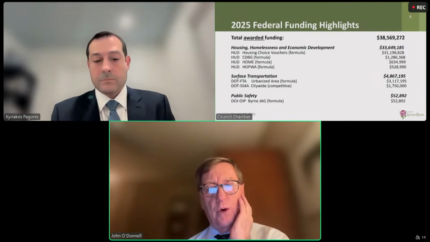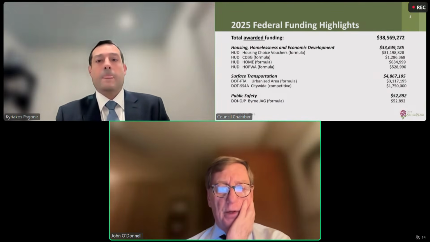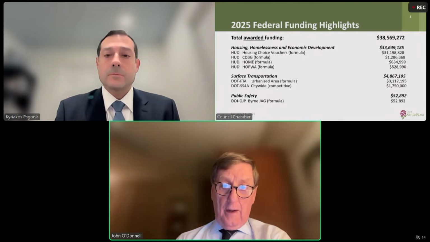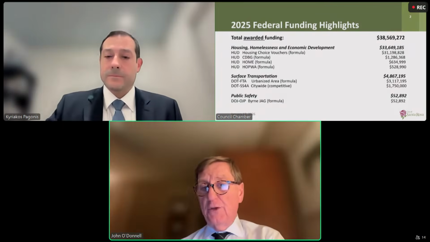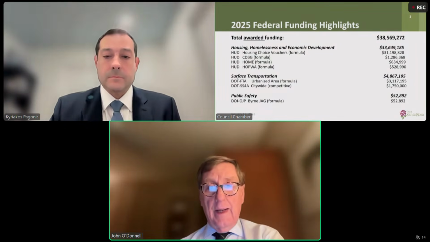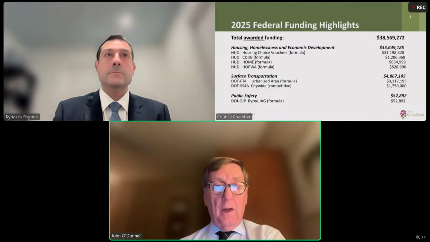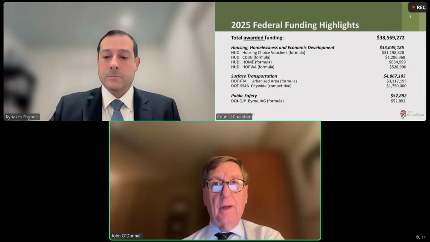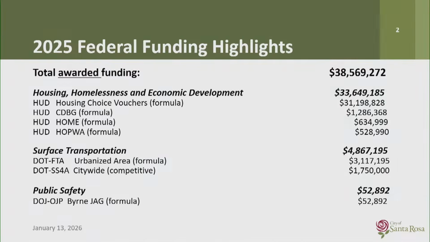Mr. Pagonis is going to give you more details about the city's federal platform for 2026 and successes in the 2025 platform. At this point, I just want to mention several things that are on the horizon, both with authorizing and appropriations legislation. This year, there are 4 bills that affect local governments: FEMA reform legislation, the water resources development legislation, 2 housing bills, and surface transportation legislation.